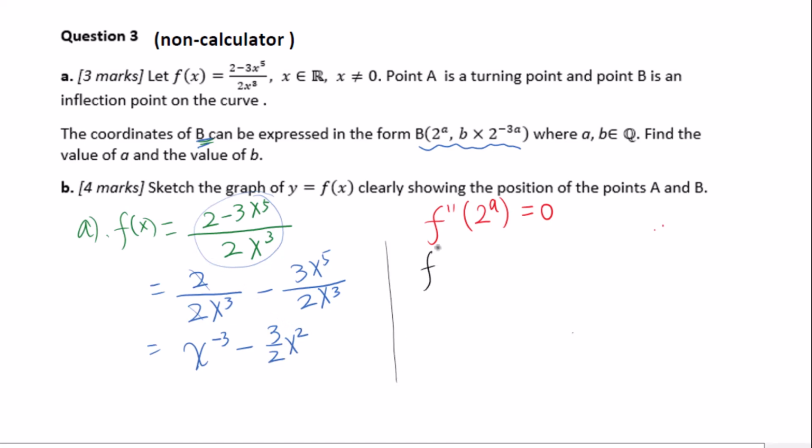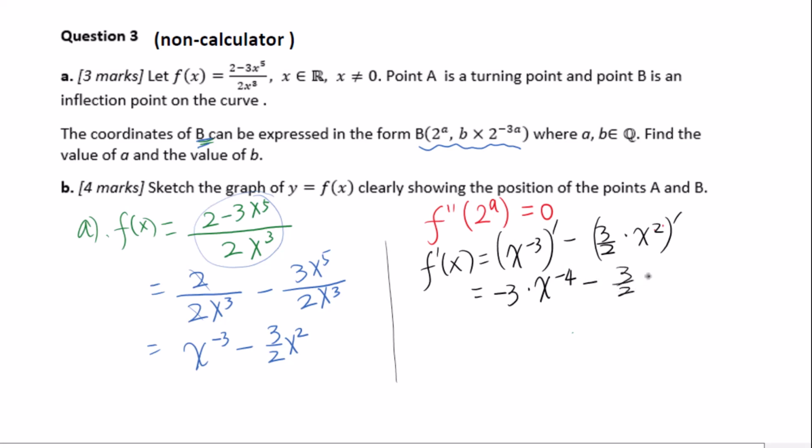Therefore, f prime of x equals x to the negative third power prime minus 3 over 2 times x squared prime, equals negative 3 times x to the negative fourth power minus 3 over 2 times 2x.